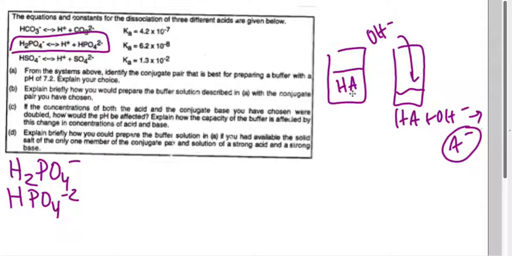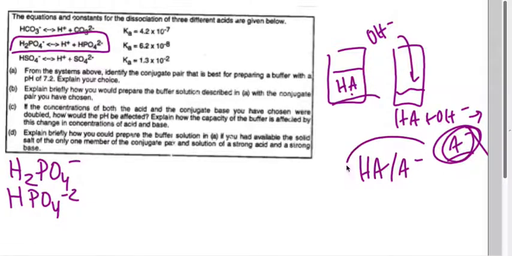So you took half of this, converted half of it to the same amount of that. Make sense? And you mixed it back together. What did that mixing back together do to HA and A minus's concentration? It made them equal, exactly. So HA and A minus were equal, and at that point, pH is equal to pKa, right?